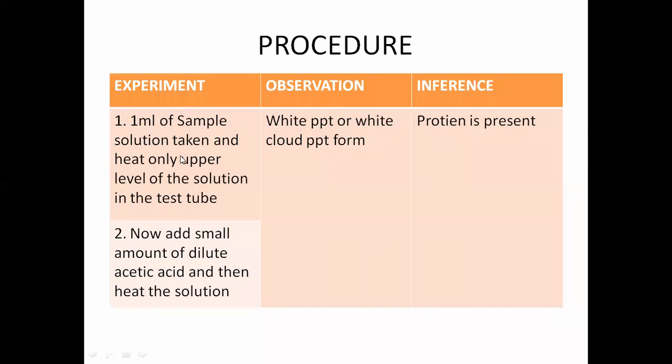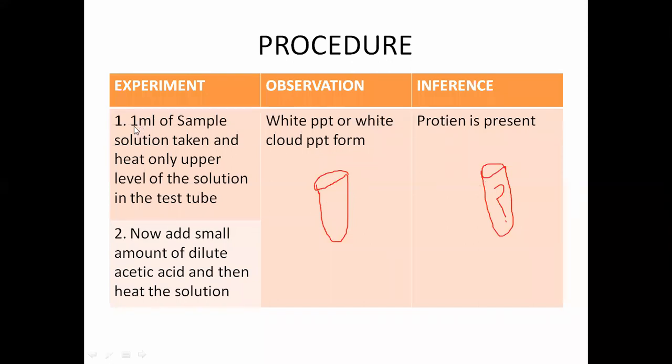First we take 1 ml of the sample solution. Suppose this one is your test tube containing the unknown sample, and this is your working test tube, in which you will perform the test.